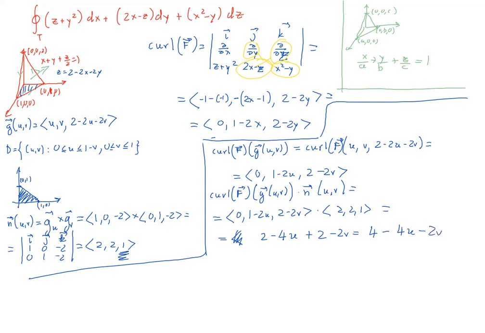And we need to integrate this. So let's do it on a new board too. So we need to take the integral over the domain that we call D of 4 minus 4U minus 2V dA.